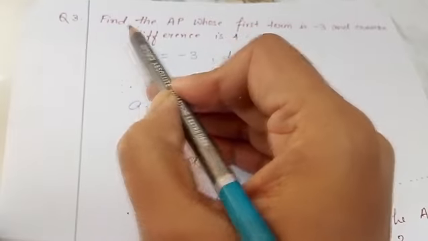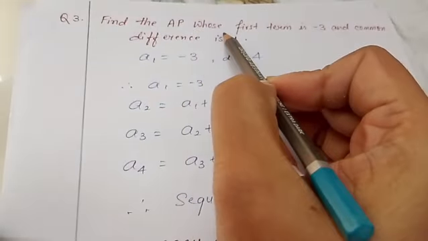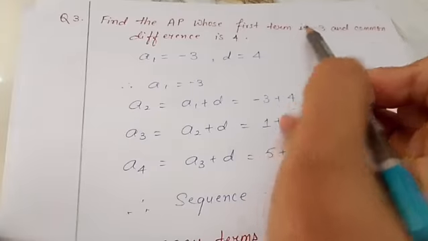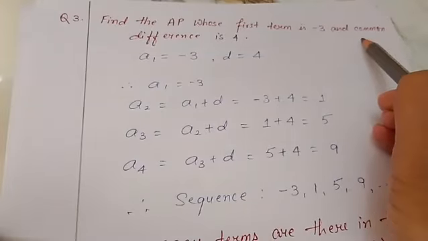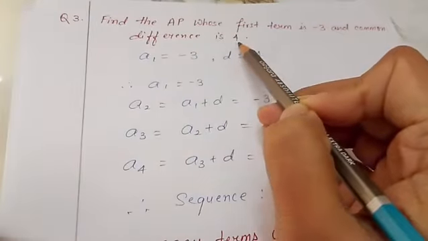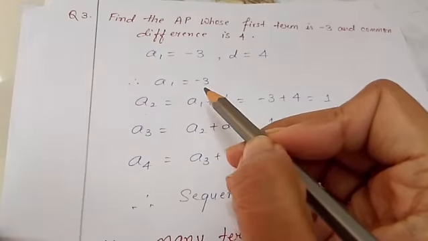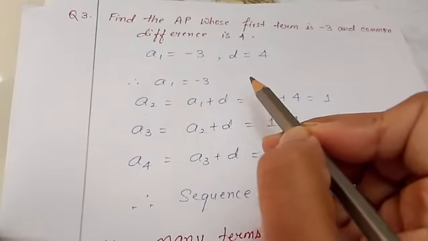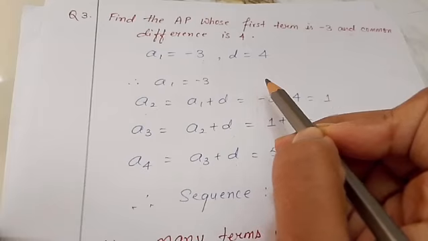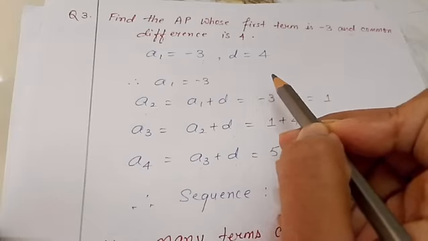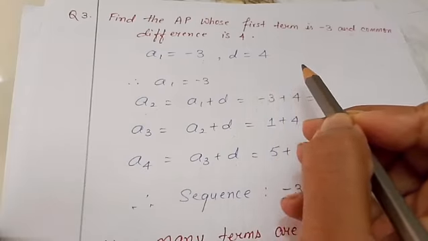Question number 3. Find the AP whose first term is minus 3 and common difference is 4. We calculate the first few terms of the sequence by repeatedly adding the common difference to the previous term.